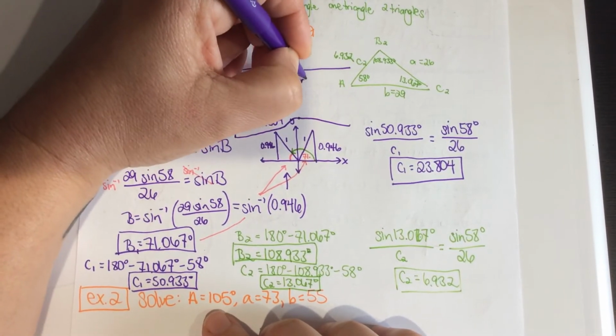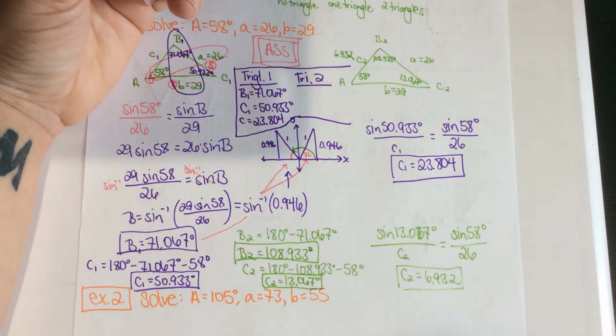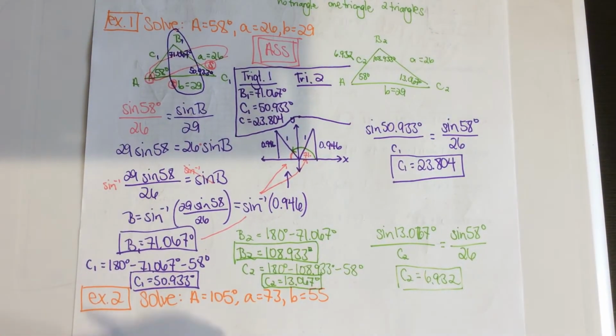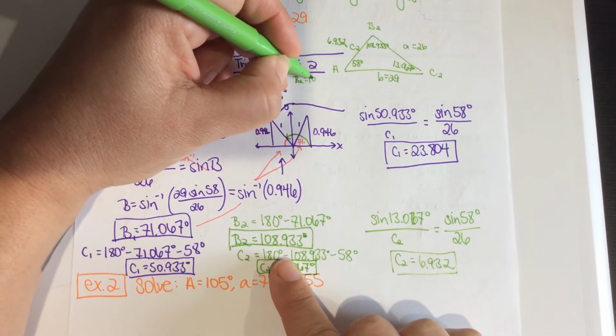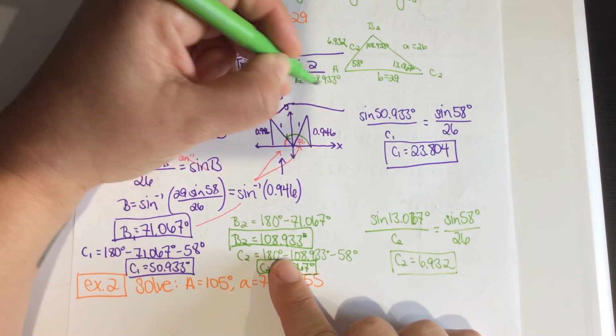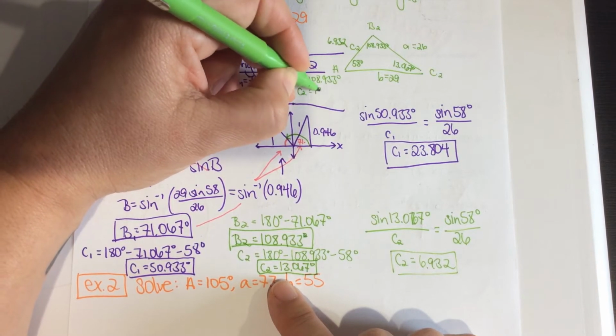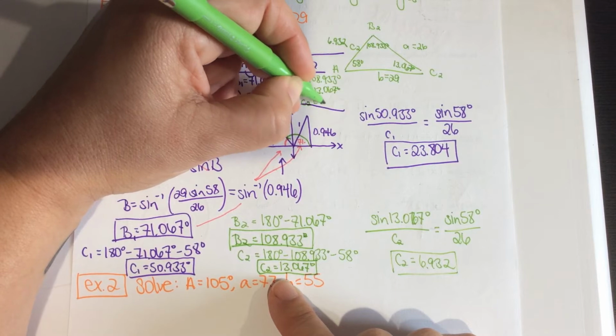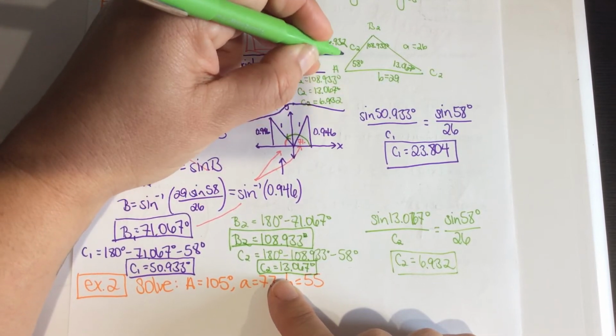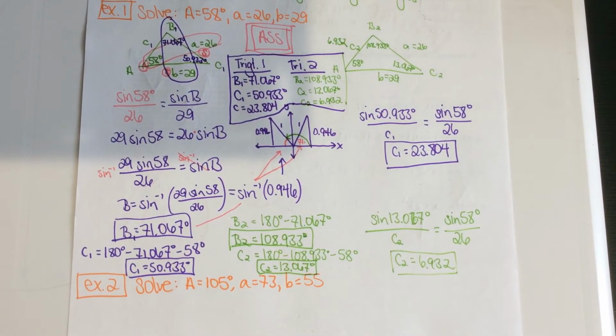And then triangle 2 has angle B 108.933, angle C 13.067, and side C 6.932. So that's the summary.